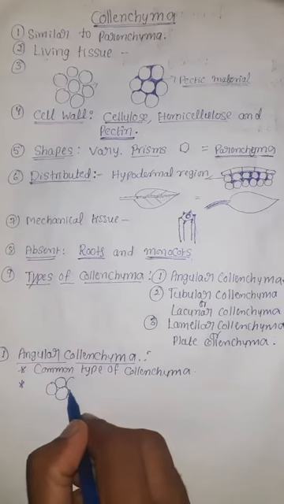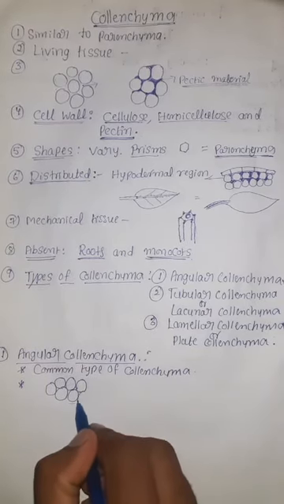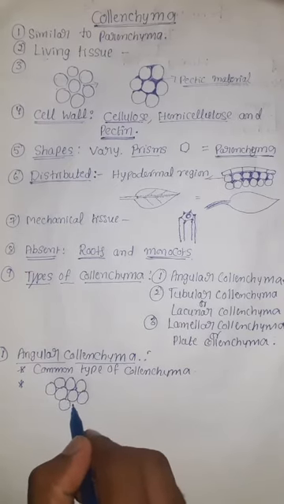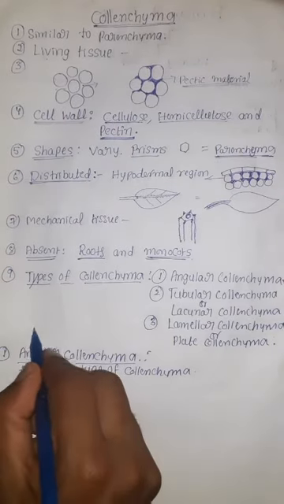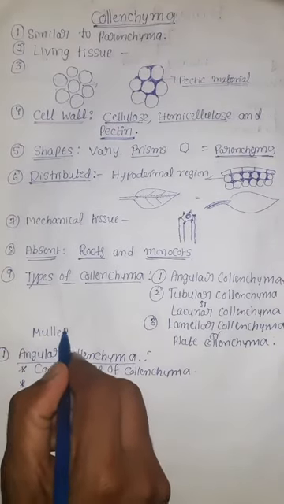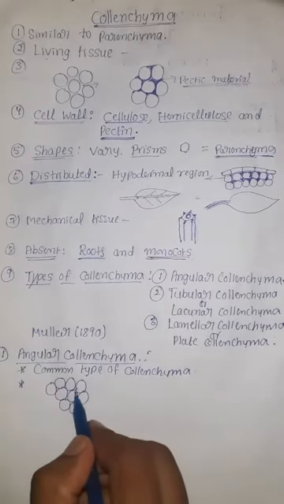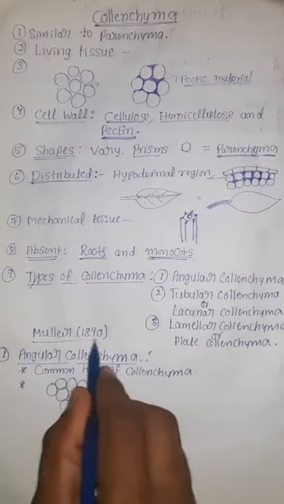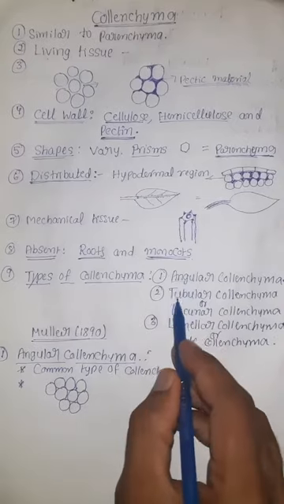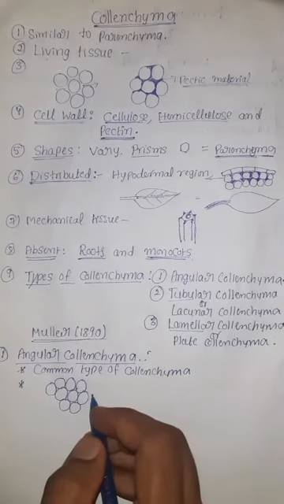The categorization is based only on wall thickenings. Based on these wall thickenings, a scientist called Muller in 1890 classified collenchyma into three types: angular, tubular, and lamellar.